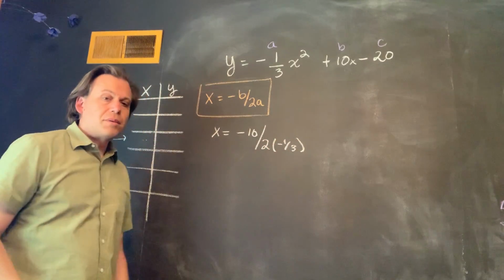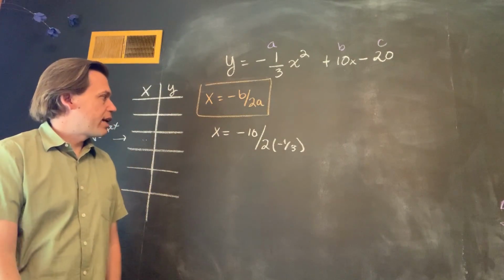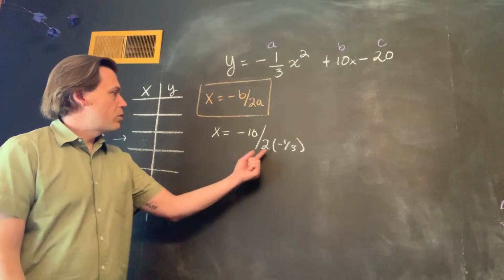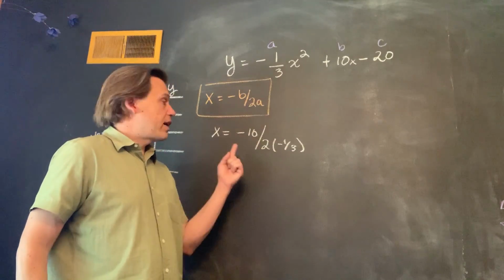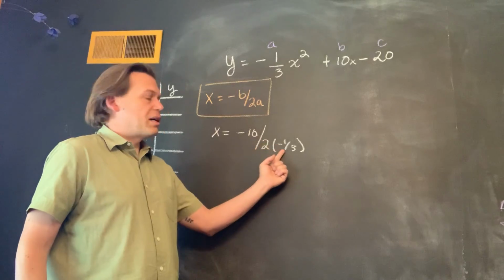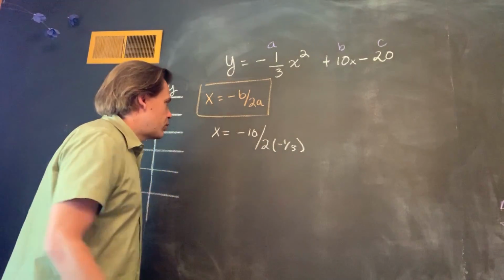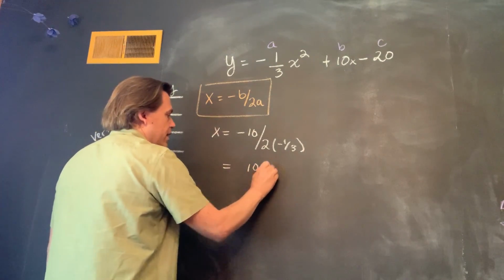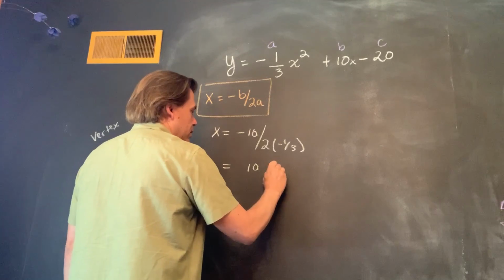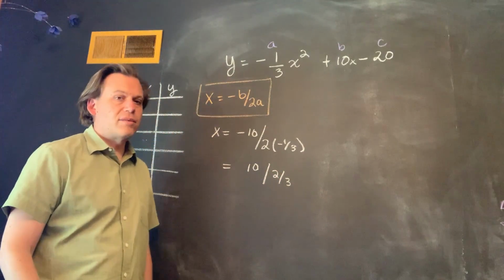So that looks ugly with all the fractions. It's like a fraction within a fraction, but we can simplify it. 2 times negative 1/3 is negative 2/3, and if I do a negative divided by a negative, it's always positive, right? So I can rewrite this like this: positive 10 divided by positive 2/3 instead of negative 10 divided by negative 2/3.